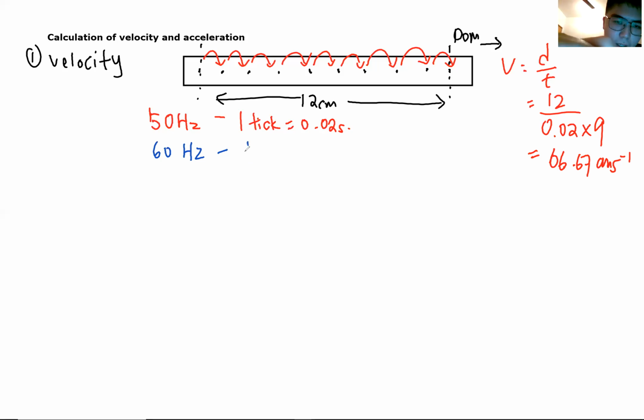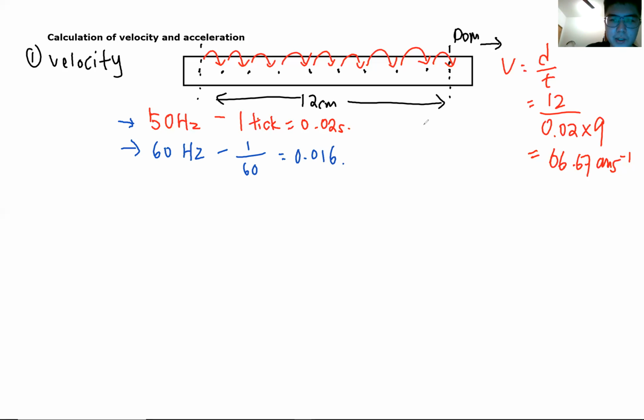Okay, so 1 divided by 60, of course you have 0.016. Okay, 0.016 is quite close. It is quite close, but it makes a big difference sometimes.